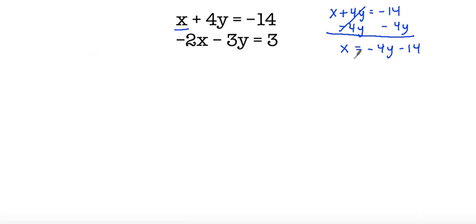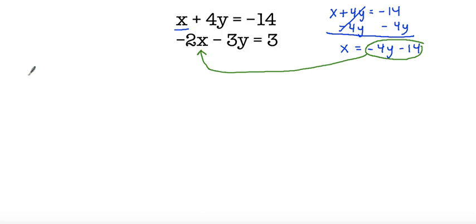So now that we know that x is equal to this, we could actually substitute this equation. So we could take this, more specifically the negative 4y minus 14, and substitute it in here because x is equal to negative 4y minus 14.